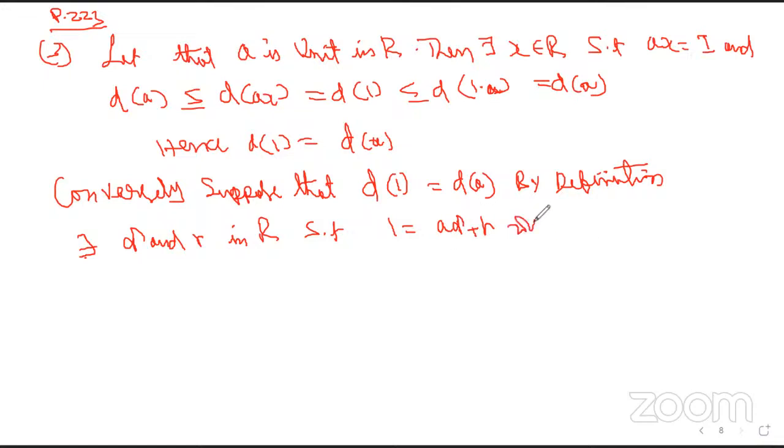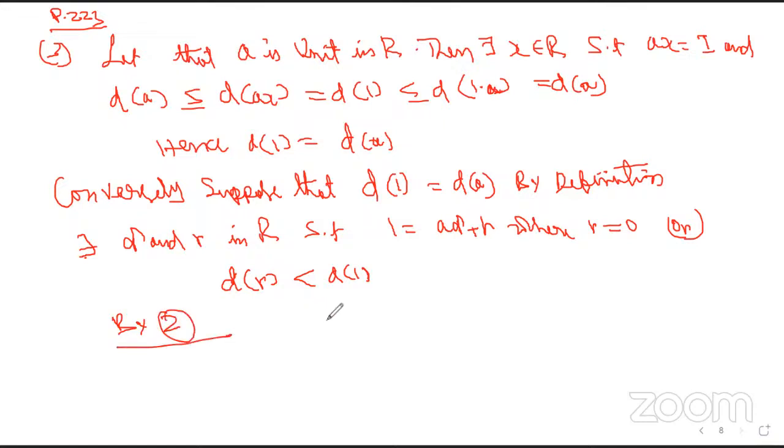Where R equal to 0, or D of R less than D of A. By the second condition above, D of 1 is less than or equal to D of R if R is not equal to 0.